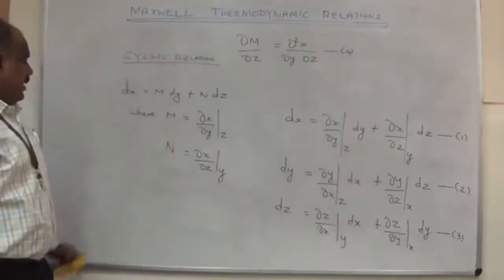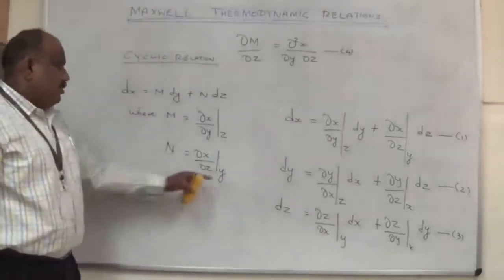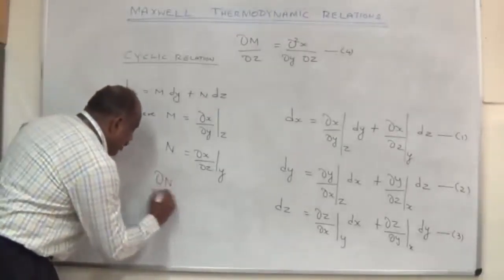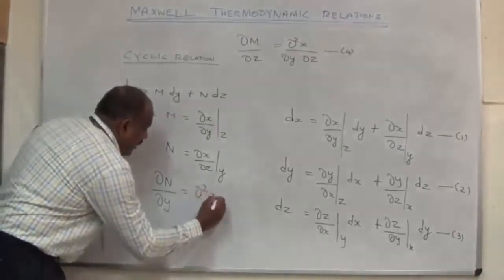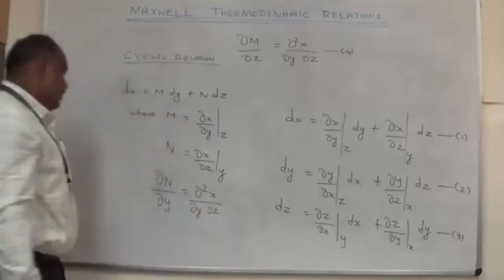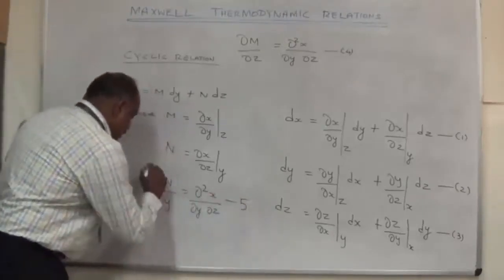And similarly, let us differentiate N with respect to y. So we get the second order derivative, dou N by dou y, equal to dou squared x by dou y dou z. Let us call this equation number 5.